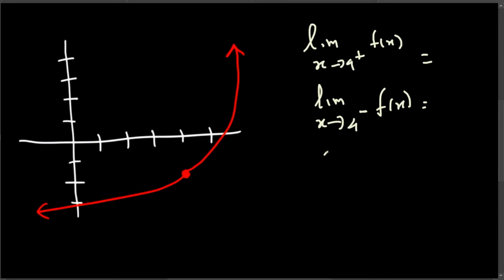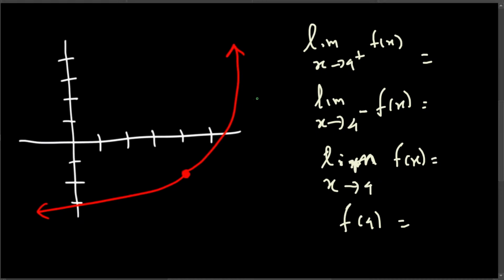And when x approaches 4 from both sides, what's the y value? And what is f of 4? Now let's go ahead and find them one by one.